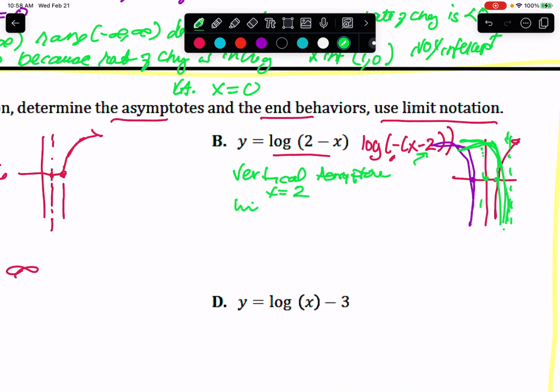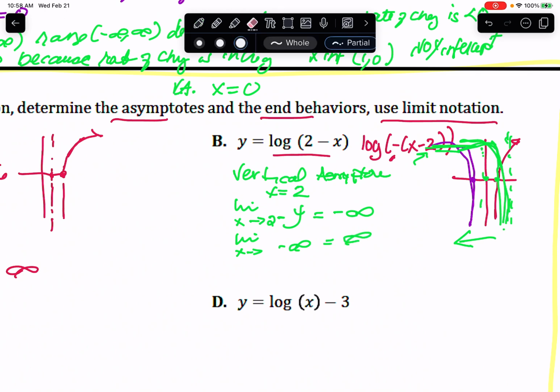And now, everything is on the left side, so it's going to be x going to 2 from the left of y is equal to negative infinity. And the limit as x goes to negative infinity, because I'm on the left-hand side, is equal to positive infinity.